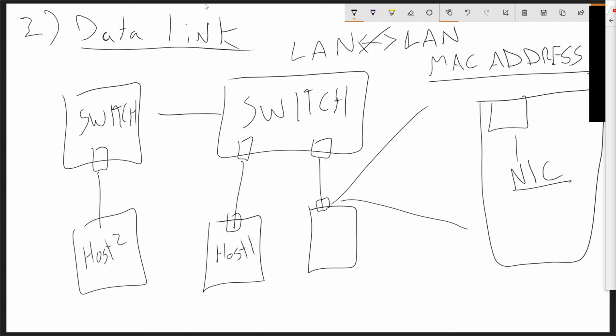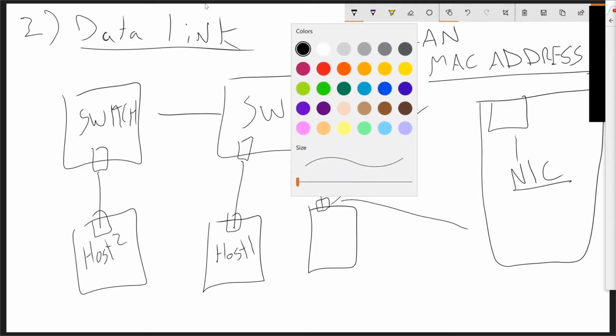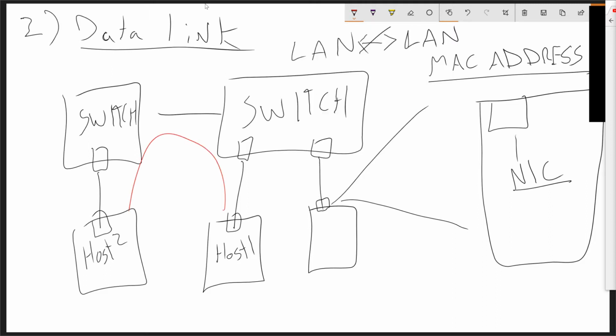And let's say that you can communicate from host 1 to host 2, which is on a different LAN, LAN 2, LAN 1, and all the settings in host 1 are the same as here in host 3, but host 3 cannot communicate to host 2, then you most likely have a data link issue.